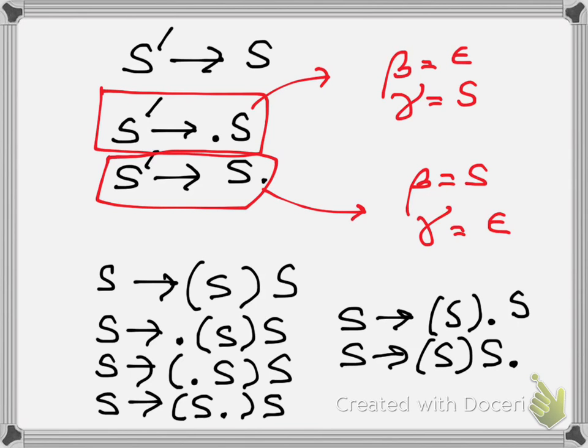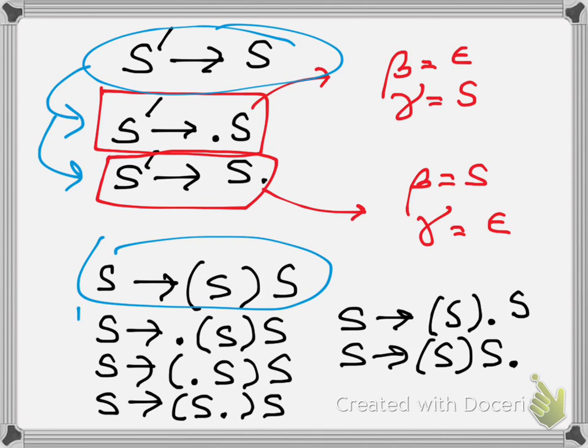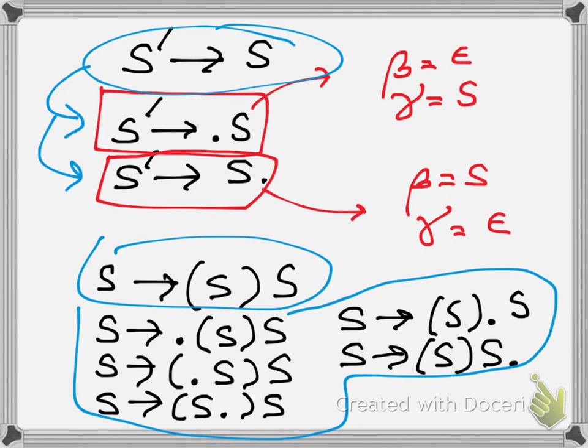For every production we have to construct the set of all items. For the first production, the items are this and this. For the second production, the set of items is this. Now we have a third production.